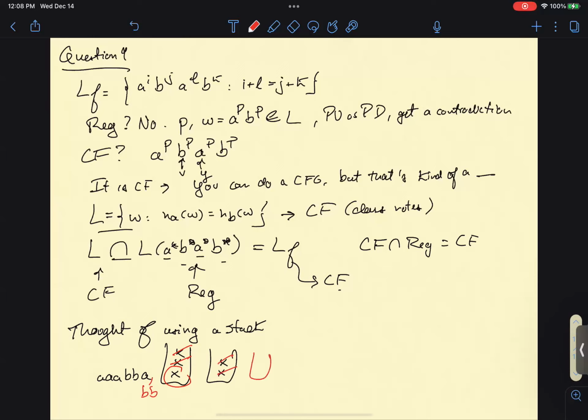And if my stack is empty, then that means that going through this up and down, if I get to level 0, I have the same number of A's as B's, because the number of A's is increasing my function, and the number of B's is decreasing my function. So if I get to level 0 at the end, then I took just as many increases as I did decreases.